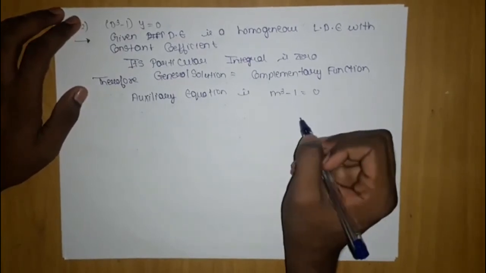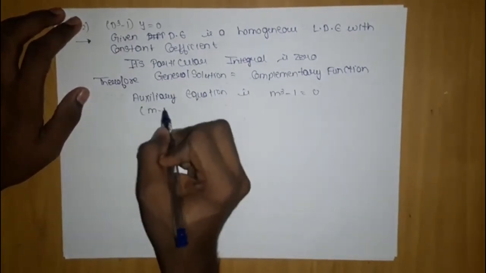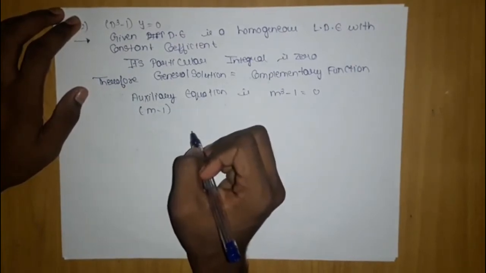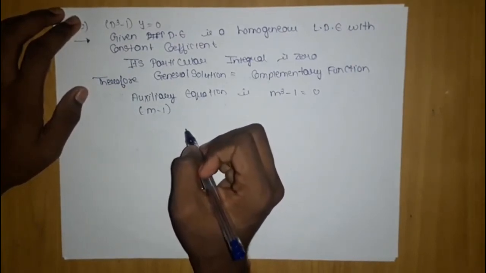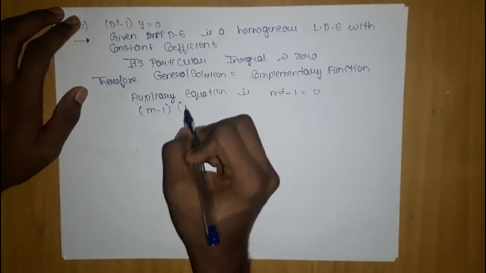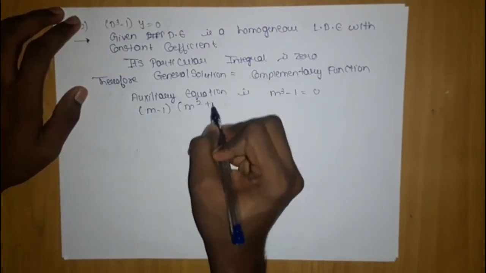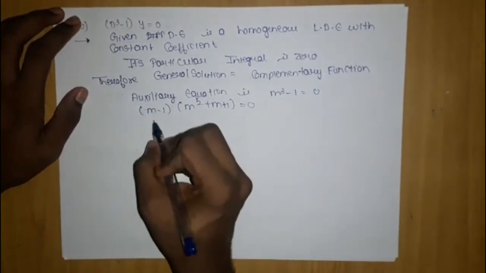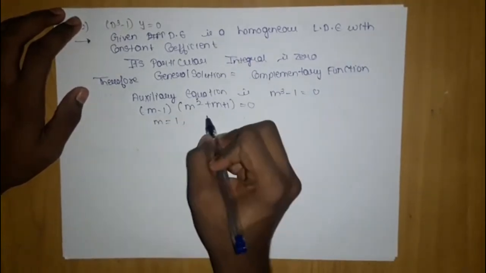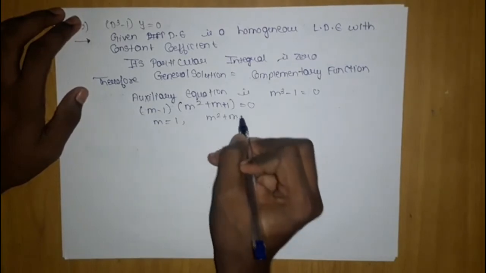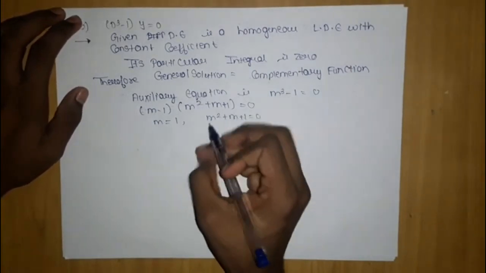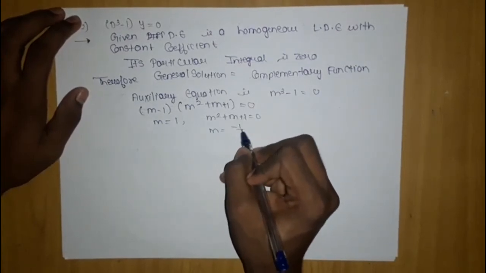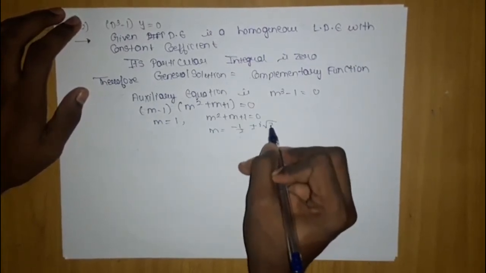We know the formula for a cube minus b cube is (a minus b)(a square plus ab plus b square). Applying that, we have (m minus 1)(m square plus m plus 1) equals 0. From this we get m equals 1. Solving m square plus m plus 1, the roots are complex: minus 1 by 2 plus or minus iota root 3 by 2.